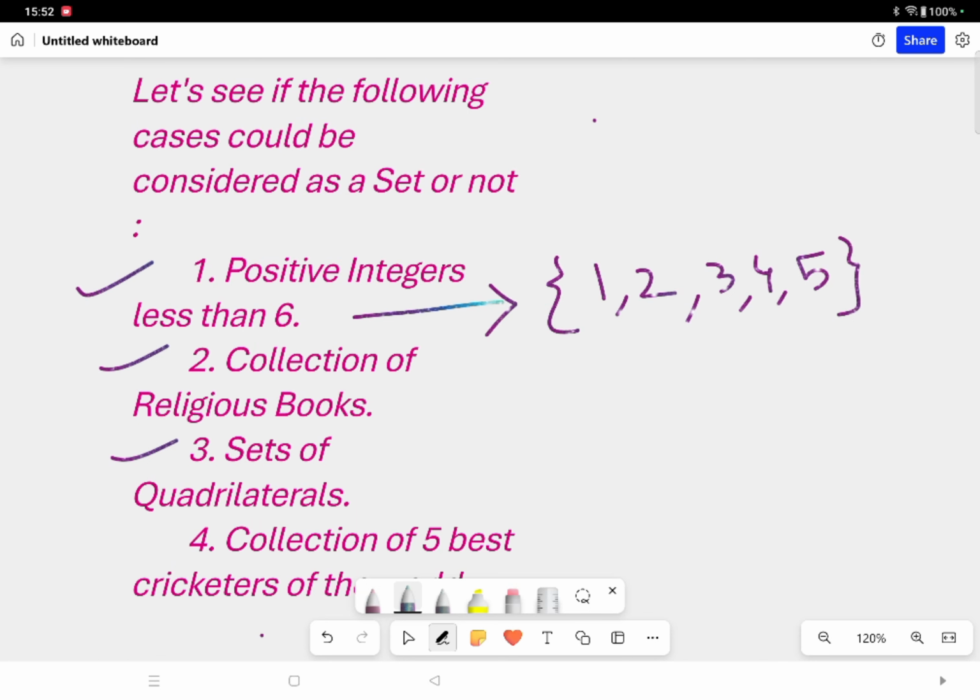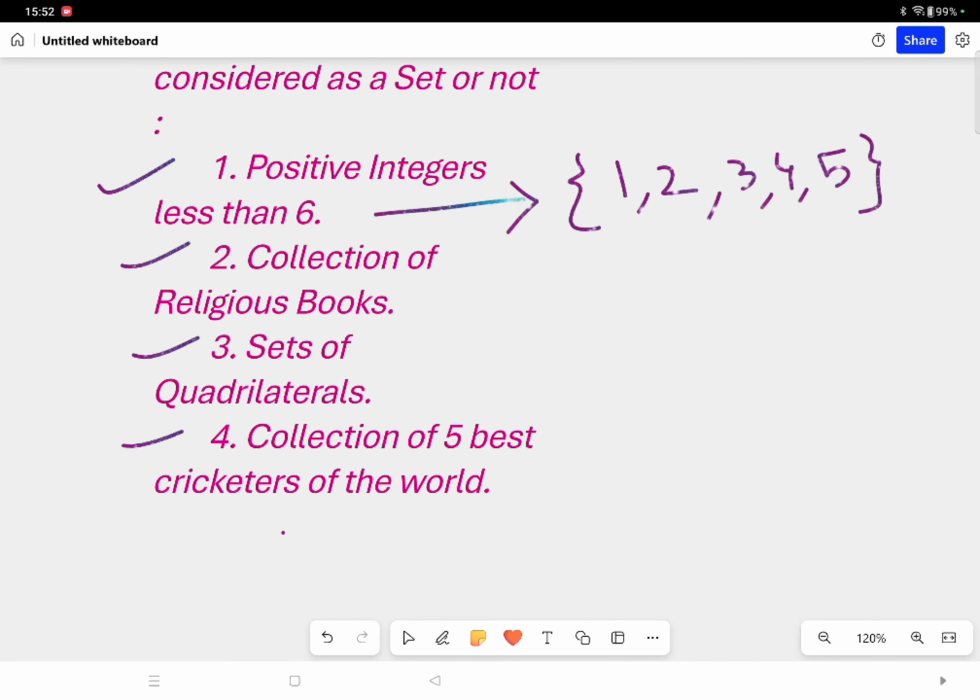So these are all the types of quadrilaterals and many more, all the four-sided figures. Now look over here, can it be called a set? Obviously it will be called a set. Why is it called a set? Because it is fixed. We know that there are a fixed number of types of quadrilaterals. They are fixed and they are well defined. So therefore we will call it a set.